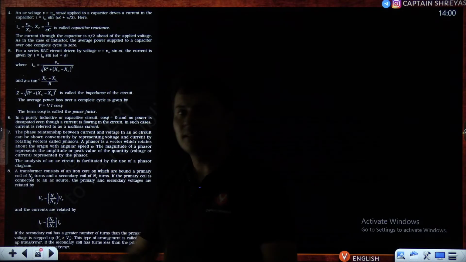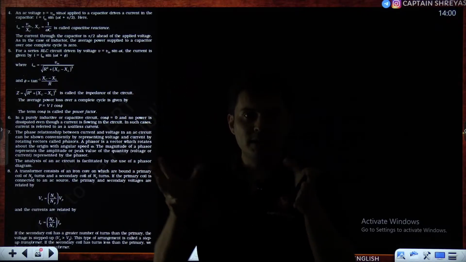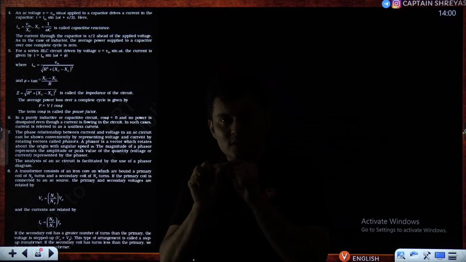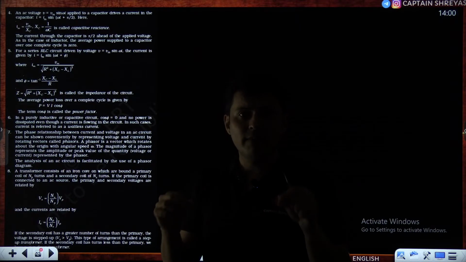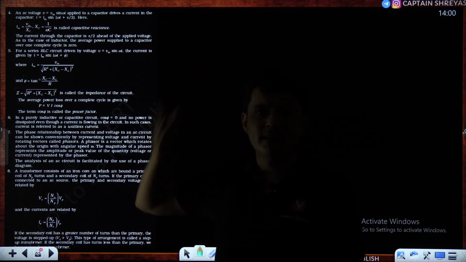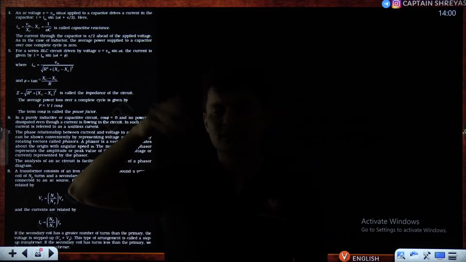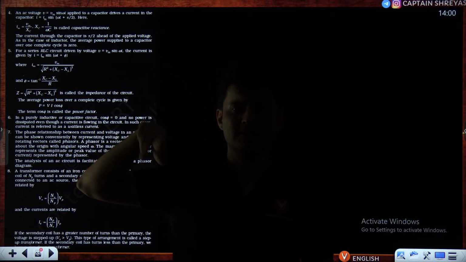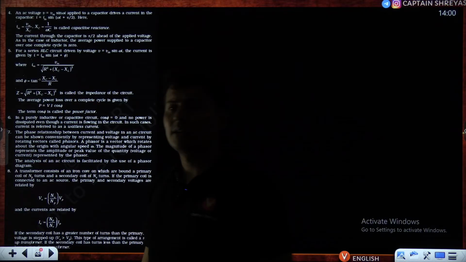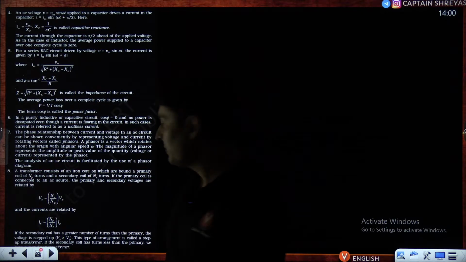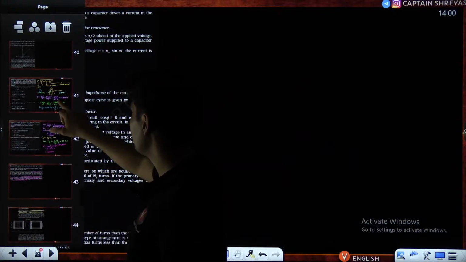We also saw the power triangle where VI is apparent power. You will also see the base, which was VI cos phi, is the real power, and the reactive power is basically your current and the energy which is not actually getting lost. It is just trapped between inductor and capacitor. That is called your reactive power. Also keep in mind the current which is there in that triangle, that also has a name.